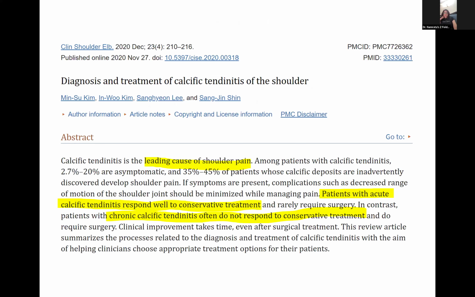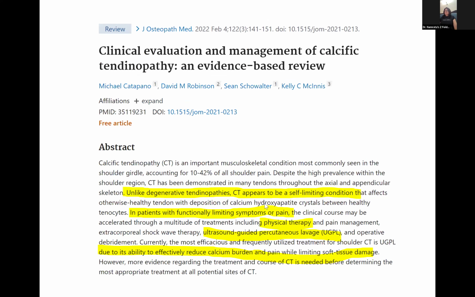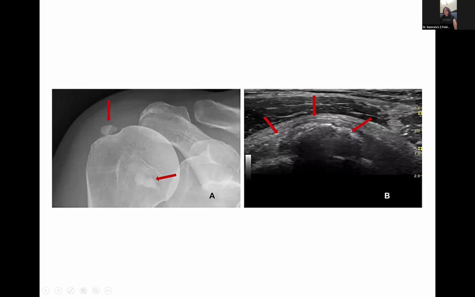Okay, so calcific tendinitis is a very common cause of shoulder pain, and usually acute tendinitis responds to conservative treatment, but sometimes chronic tendinitis does not respond to conservative treatment. In these cases, we can go for barbotage of the calcification within the tendons, especially in the stage where there is slurry-like calcification within the tendon.